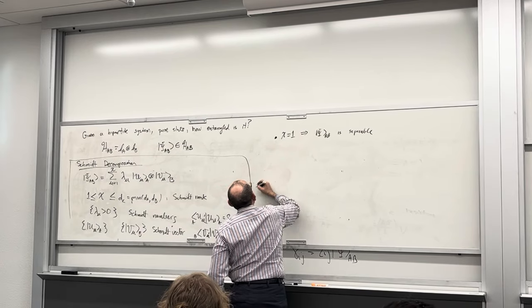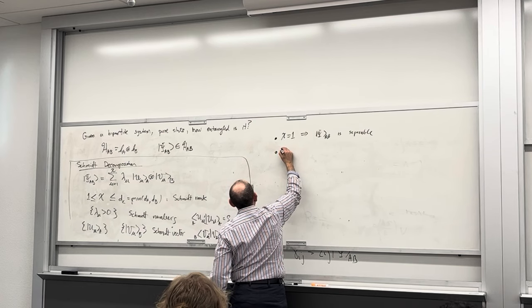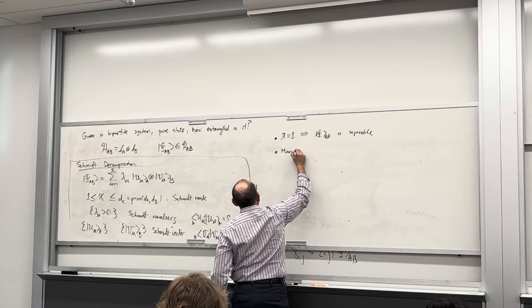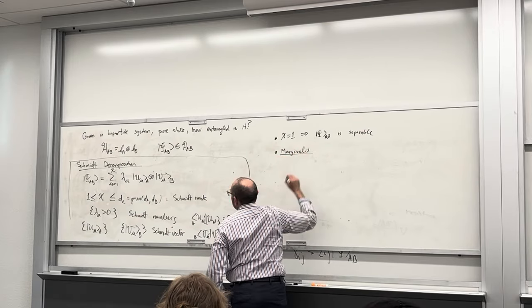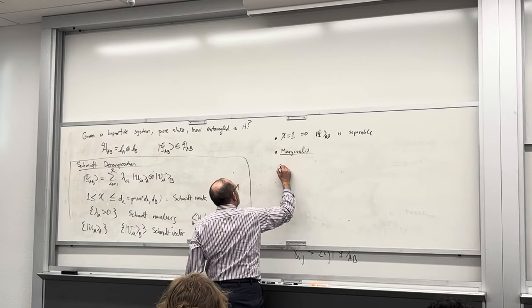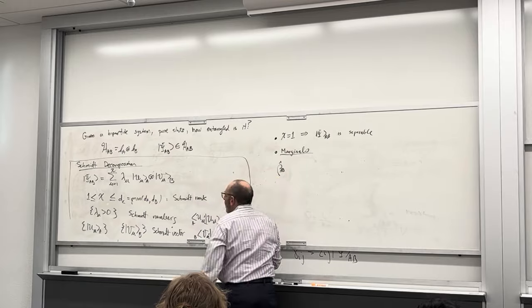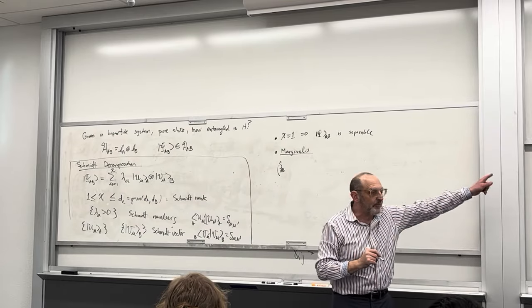What else do I want to say? We can ask the question, what are the marginal states? To do that, we need to write the density operator and take its partial trace, because that's how we get the marginal.